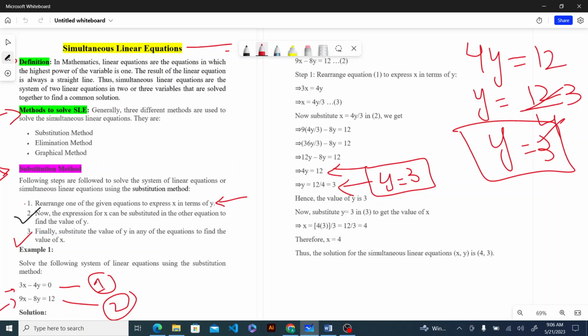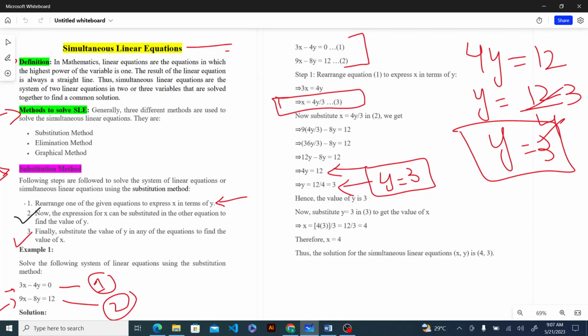Now we can put this value of y in any of the two given equations. Here in this example, we have put the value in equation number 3.